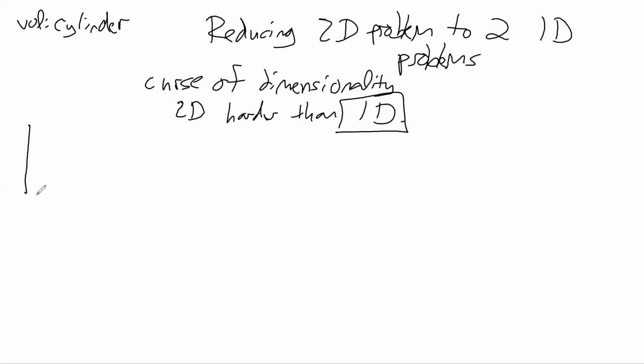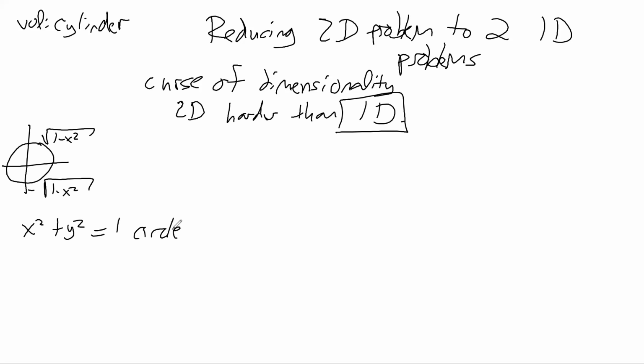So our region is this circle of radius 1, and the upper and the lower are plus and minus the square root of 1 minus x squared. The reason I got that is that the circle satisfies that equation. That's the boundary.